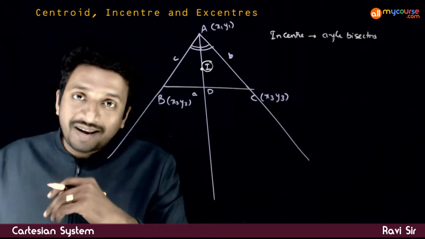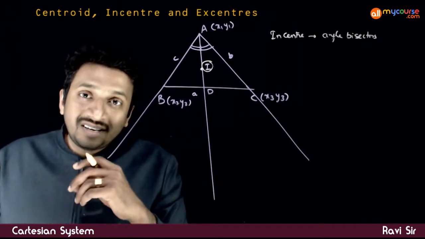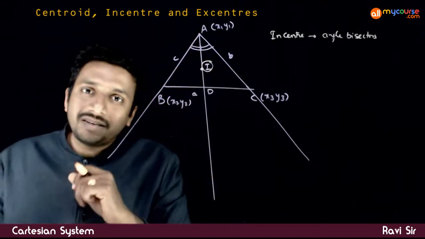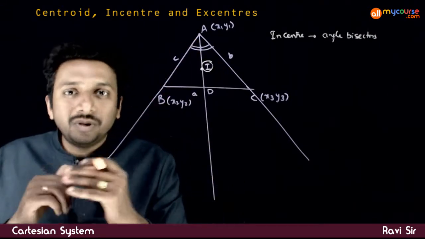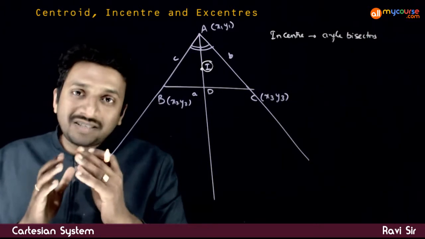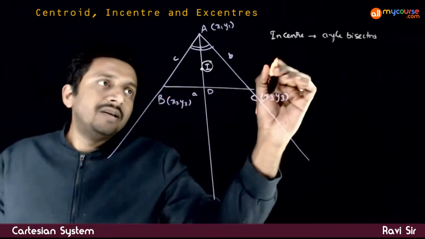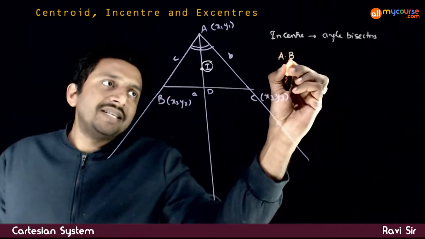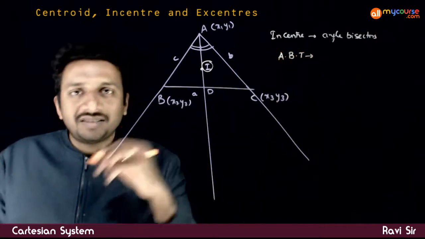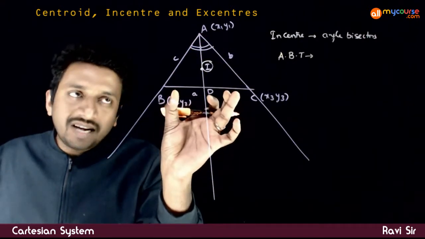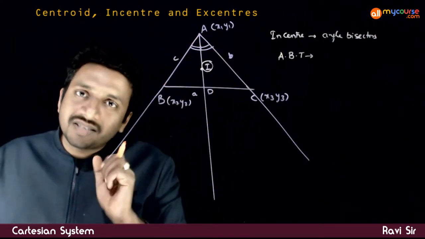In properties of triangles, we have derived certain ratios which the angle bisector gives. The first ratio comes from the angle bisector theorem. The angle bisector theorem states that an angle bisector divides the opposite side in the ratio of adjacent sides.